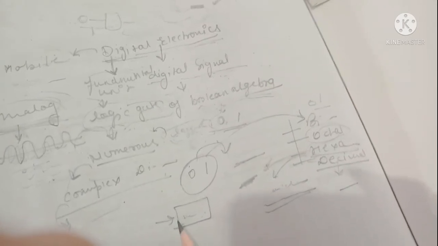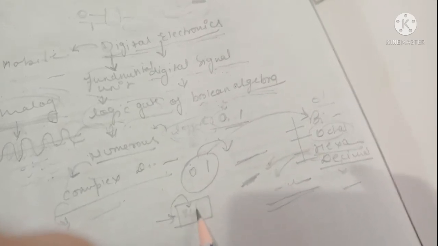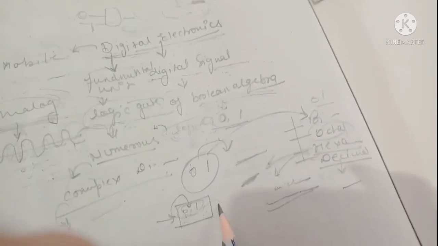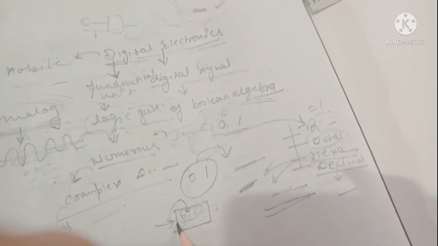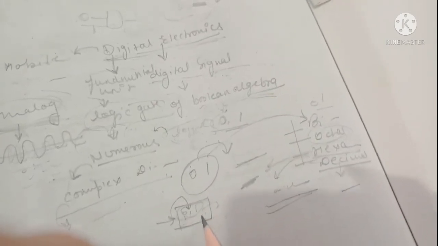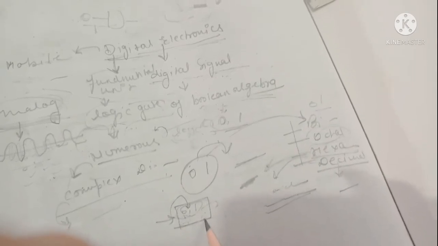So if you want to give an instruction to the computer, your information in the form of hexadecimal or some other format has to be converted into zeros and ones by the interpreter and the compiler, so that the computer can understand it and perform some specific task.